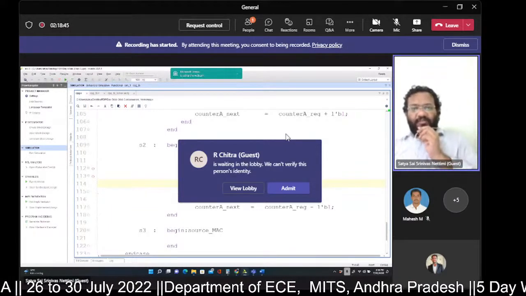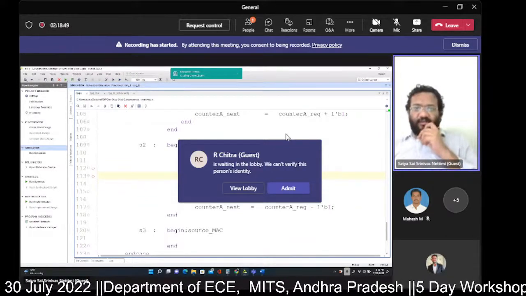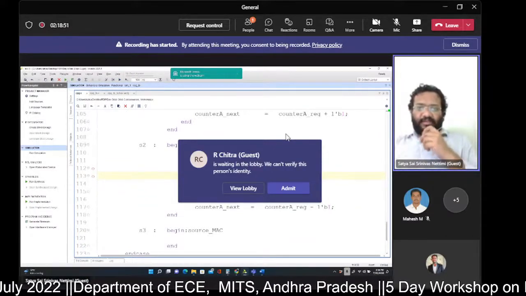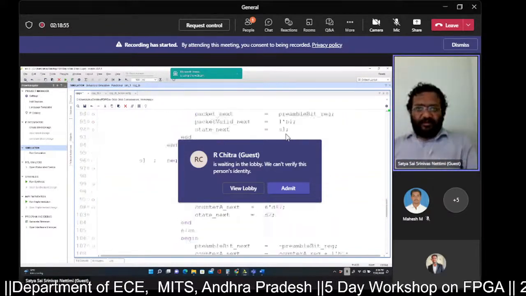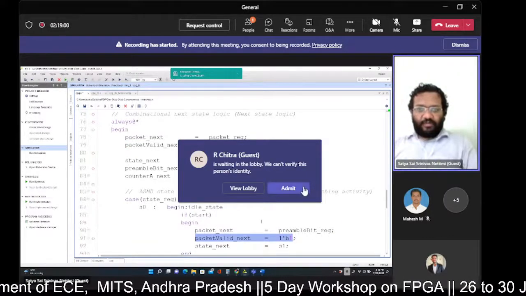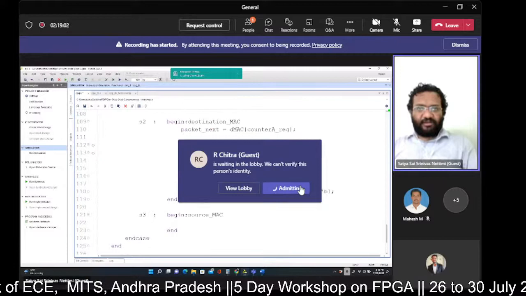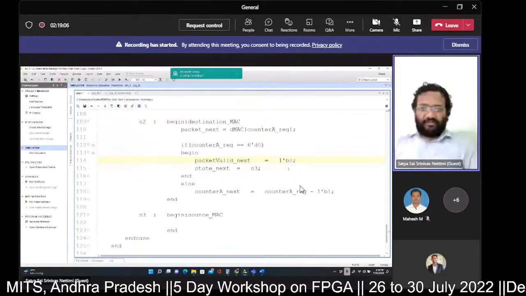Up till here we will stop and check whether we are able to generate the MAC address or not. For ease of understanding, we will make the packet value 0, because it is coming continuously high and we are not able to interpret where it actually is.